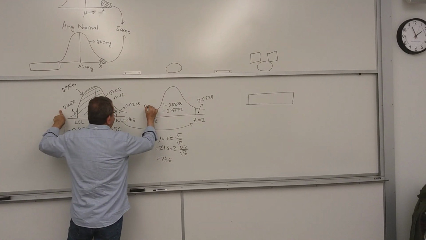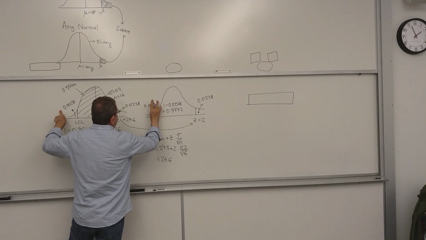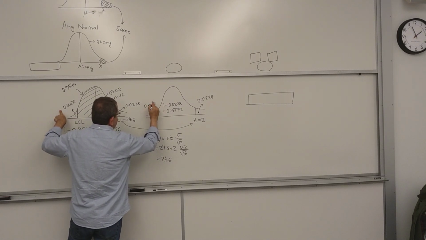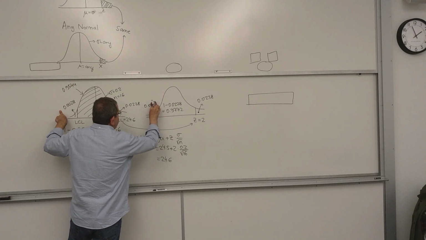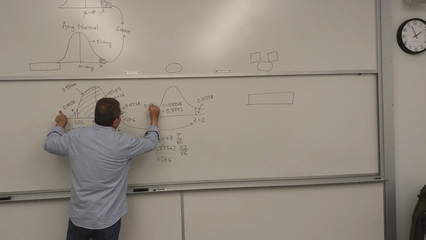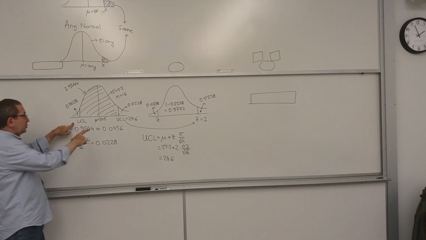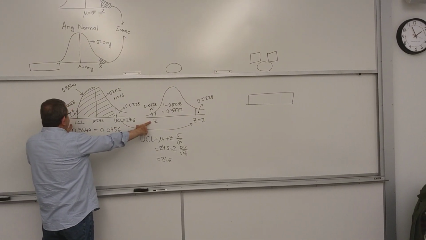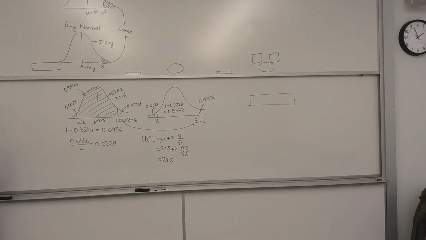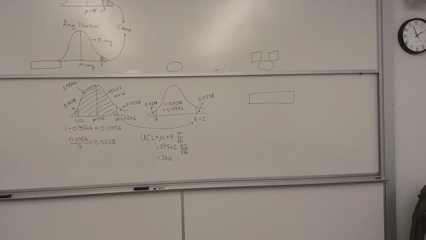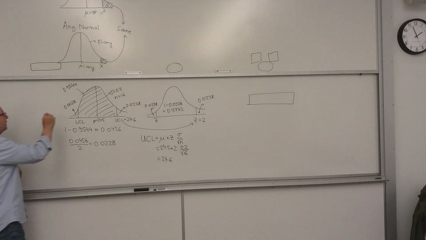So 0.0228. Okay. Because if these two numbers correspond to each other, they should have the same tail probability.